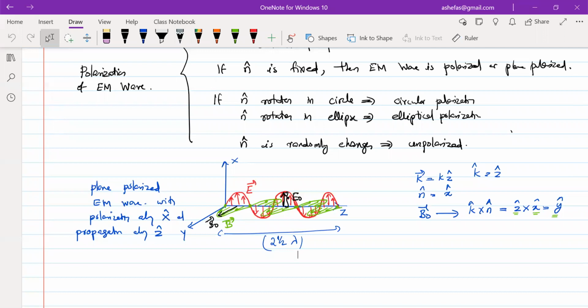In vacuum also it can propagate, but the sound wave cannot propagate without a medium. You cannot talk if there is no medium present between you, but you can send light, you can send electromagnetic wave, even in the absence of a medium, because its propagation is by the mutual helping between the electric field and magnetic field.